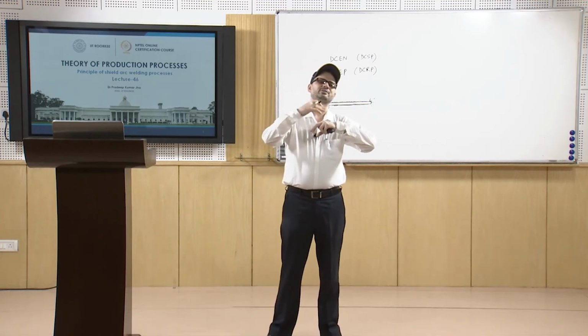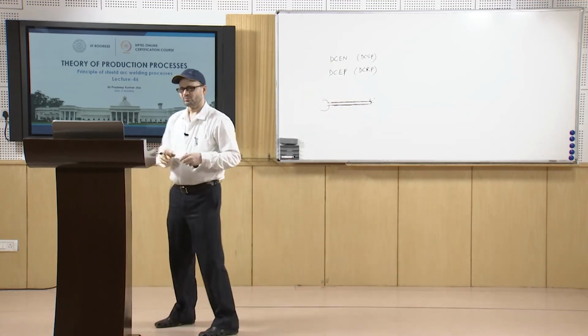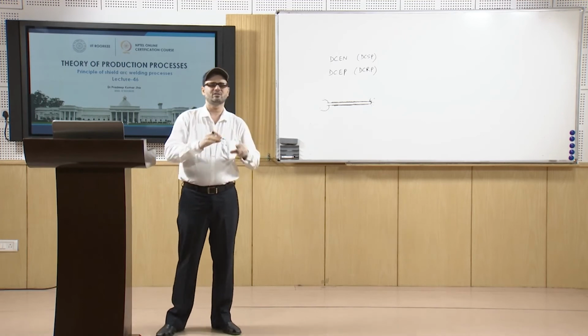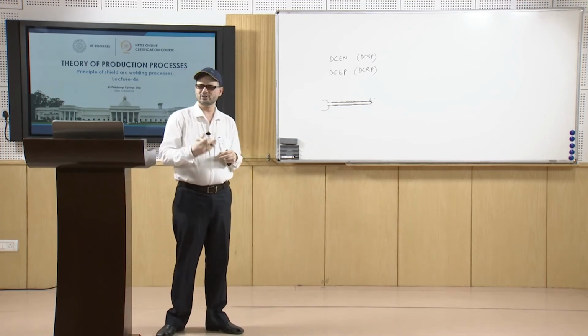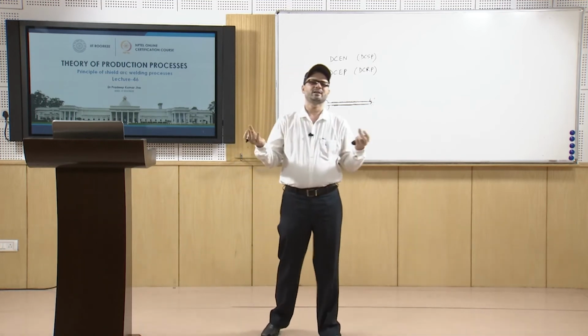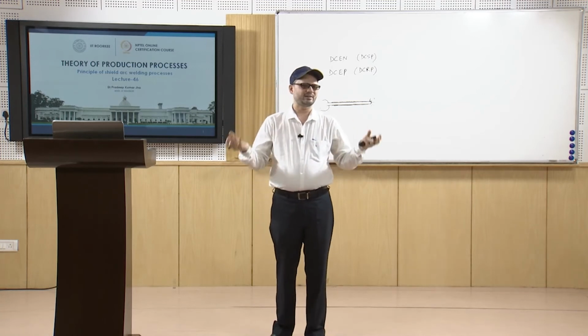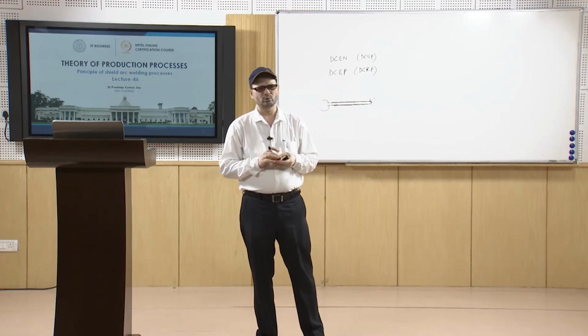That protects the weld pool from further contamination, because the temperature is quite high, and at that high temperature there may be chances of atmospheric contamination or dissolution of a lot of gases into the weld pool.